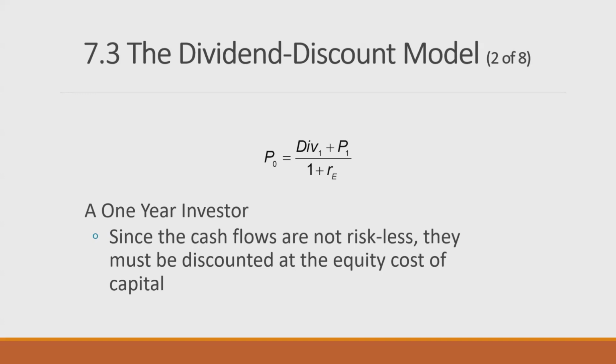At the year's end, they plan to sell the share at an expected market price, which is denoted with the P1. Simplifying matters by assuming that all dividends are disbursed at the year's end, this is the formula that we would use.